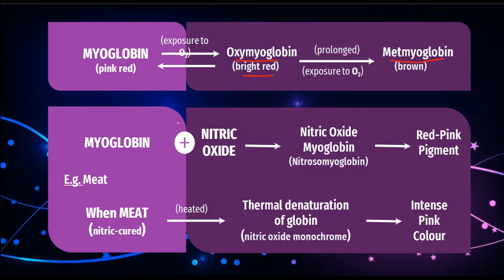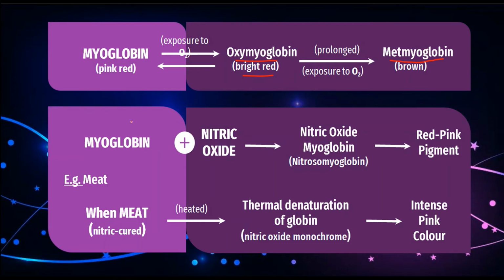The formation of brown metmyoglobin is accelerated by high temperature, oxygen pressure, fluorescent light, salts, and the presence of metals. Example, fresh meat. In fresh meat, production of reducing substances reduces metmyoglobin to myoglobin. I hope you understood till here.